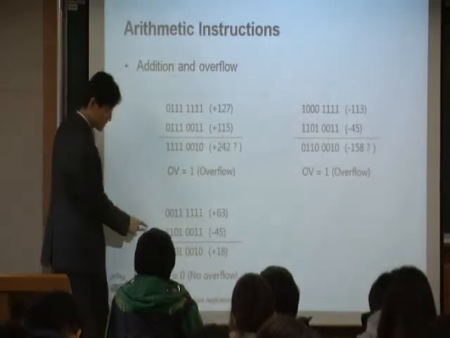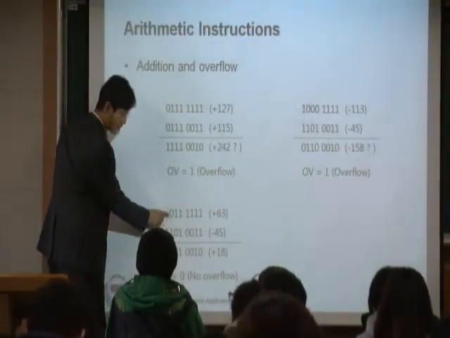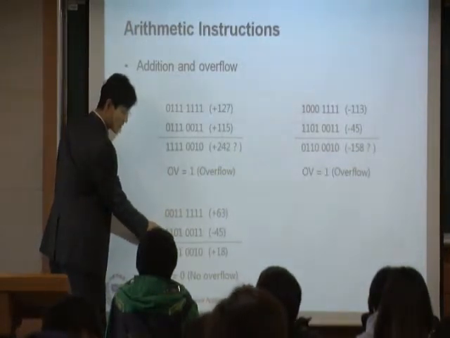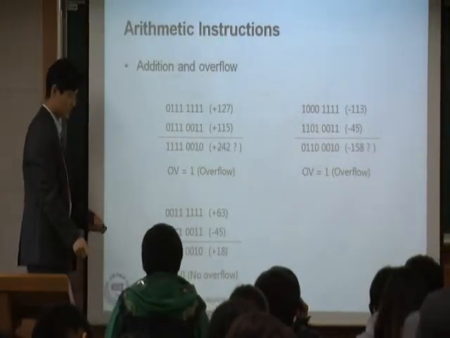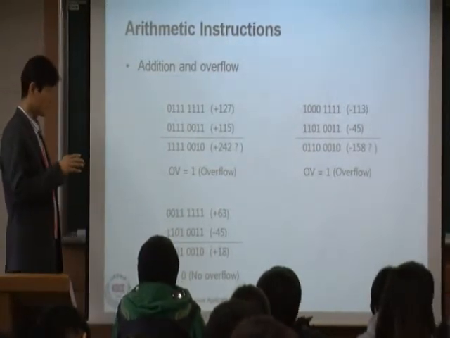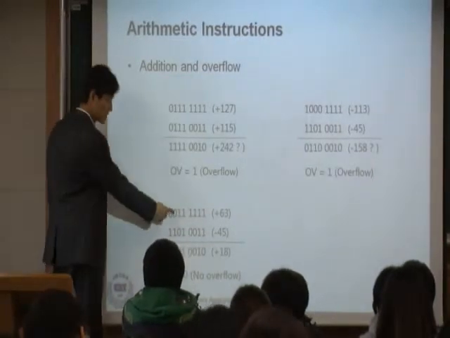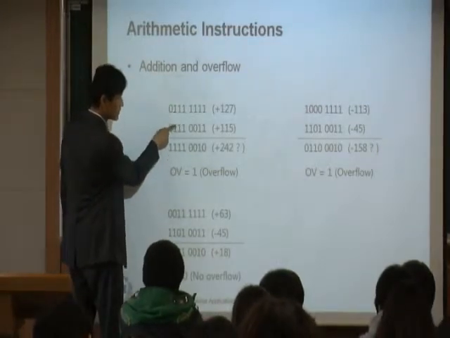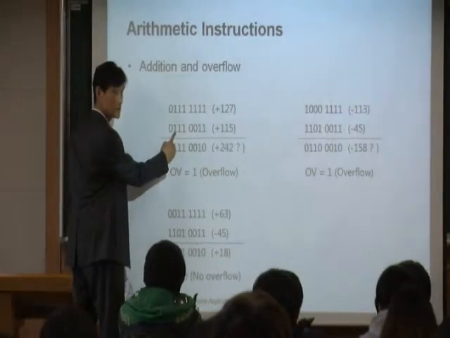Let's look at this example. You have two values. One value has 0 in the MSB, the other has 1 in the MSB. When you add these two, the MSB becomes 0. In this particular case, there was no carry from bit 7, but there was from bit 6.